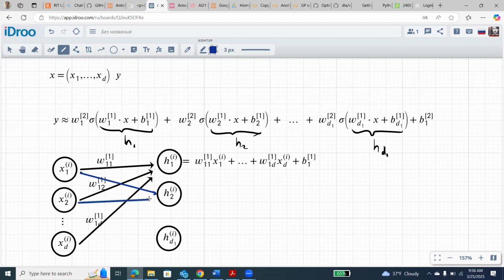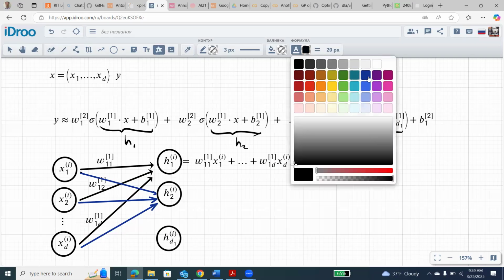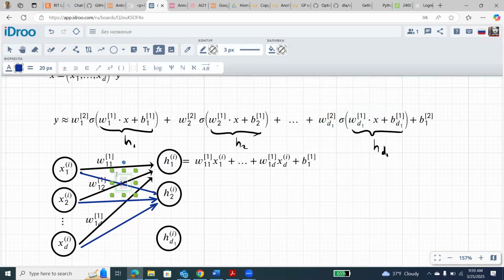To calculate H2, we also will use all X's, but we will multiply them by W21, W22, and W2D.